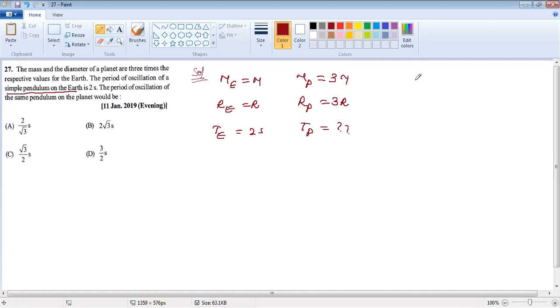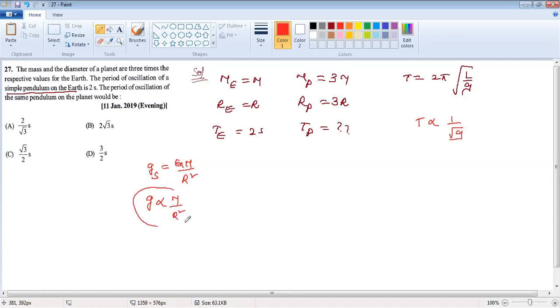So now I move to that. What is the time period of a simple pendulum? T equals 2 pi root over L by g. The length of the pendulum remains constant, so the time period is directly proportional to 1 by root g. On the surface, acceleration due to gravity equals GM by r square, so g is directly proportional to m by r square.